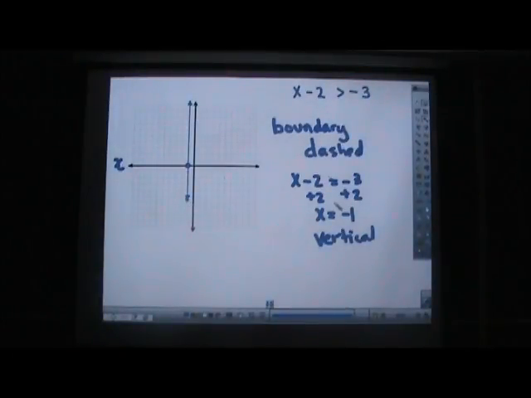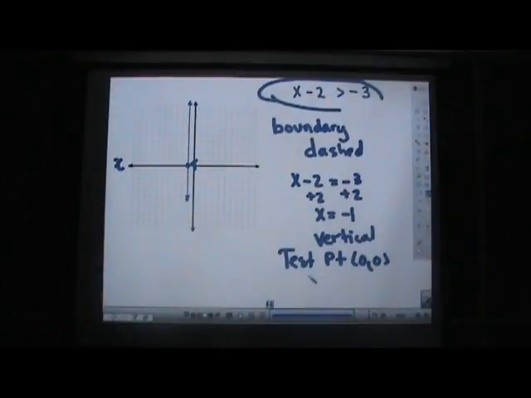Now, again, you can probably think this out, but I would use the test point again. 0, 0 is a good test point. So as you're using 0, 0 here, change your x to 0, but remember, go back up here to the original. 0 minus 2 is greater than negative 3. So is negative 2 greater than negative 3?